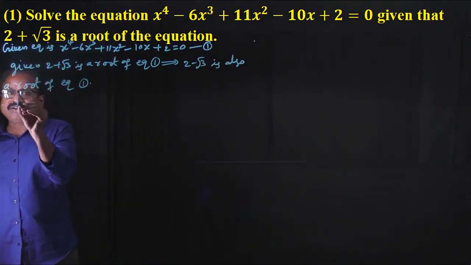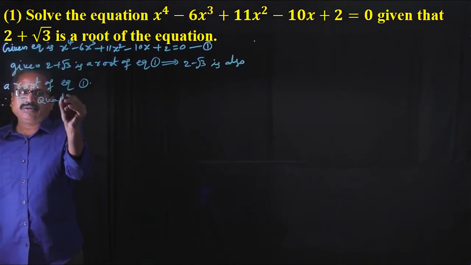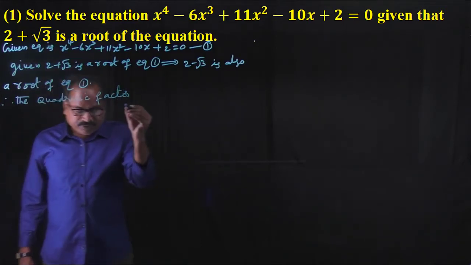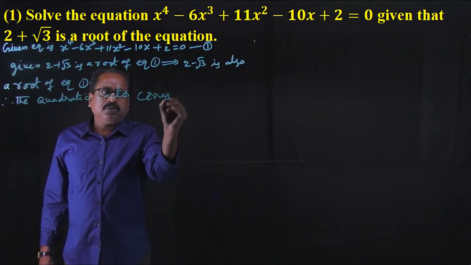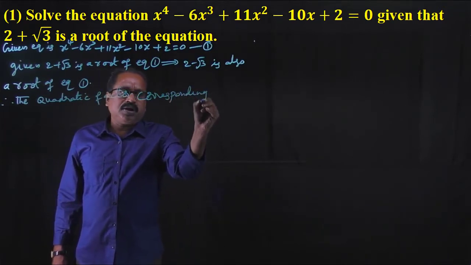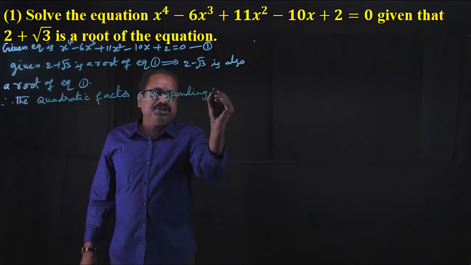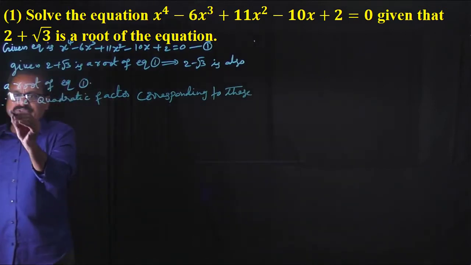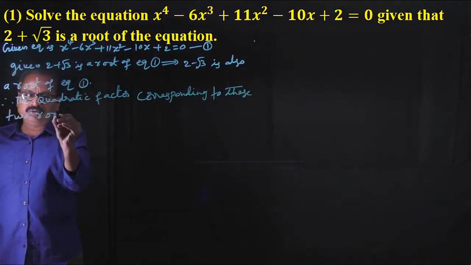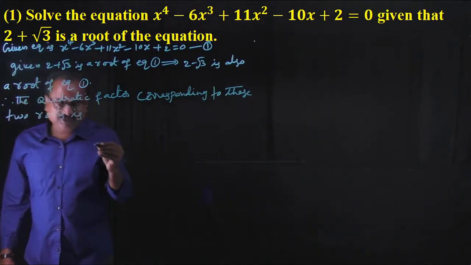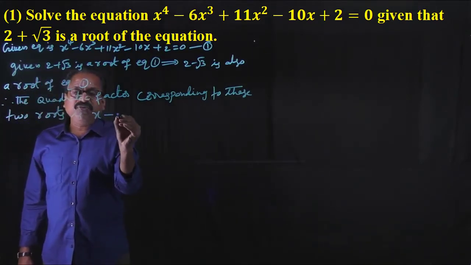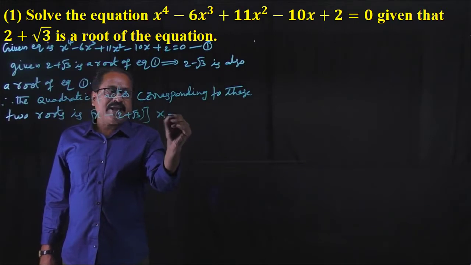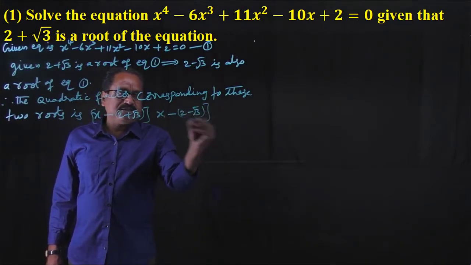Therefore, the quadratic factor corresponding to these two roots is (x minus of 2 plus root 3) into (x minus of 2 minus root 3).